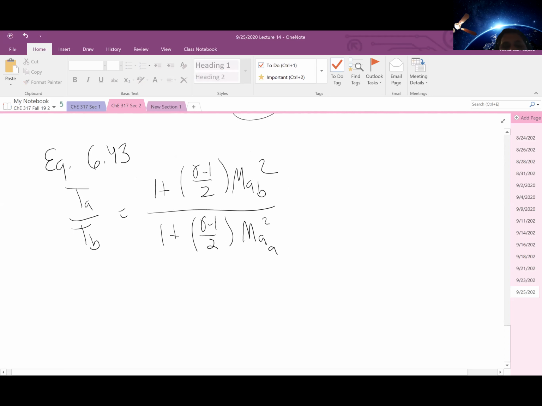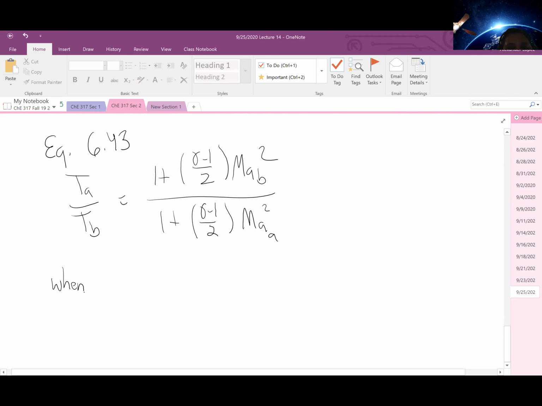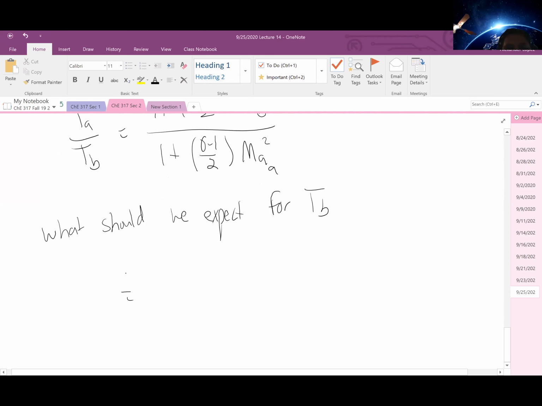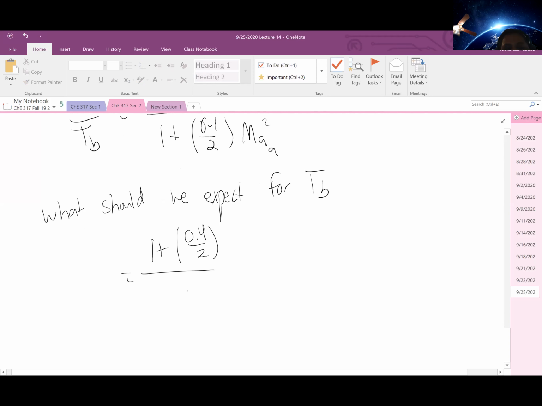So based on that, what should we expect for TB? Well, what is 1 plus 0.4/2 divided by 1 plus 0.4/2 times 0.05?